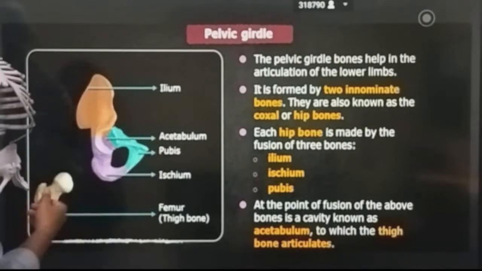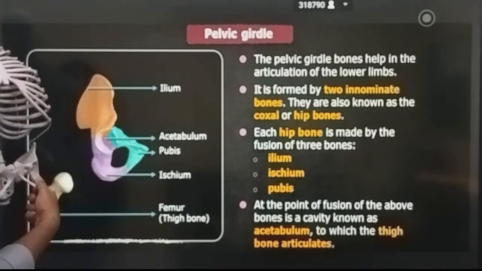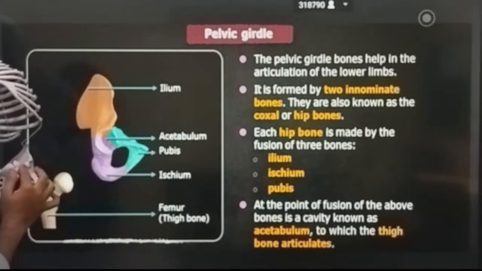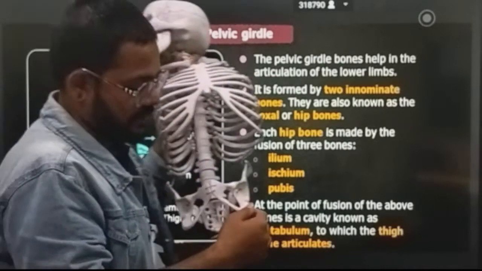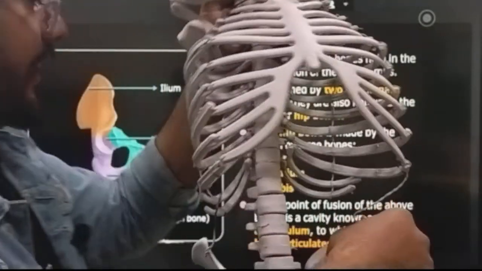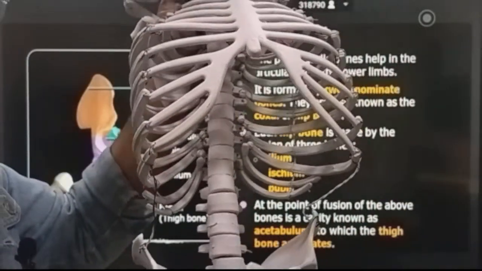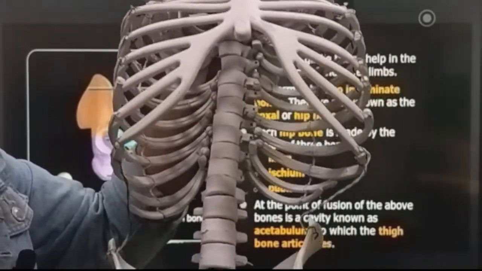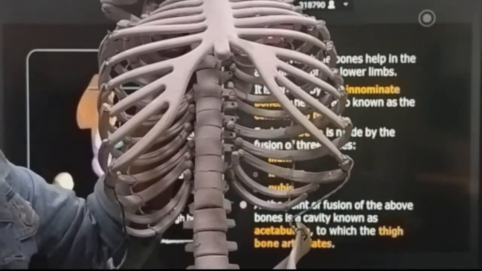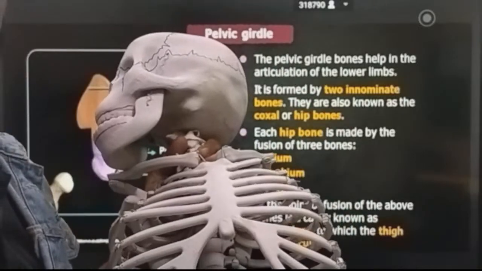Then you have the pubis and then the ischium. The one near the central axis is the pubis, and the one far away from the central axis is your ischium.